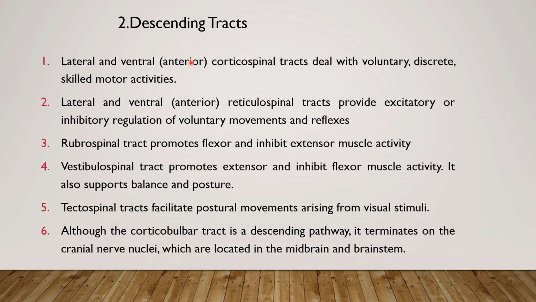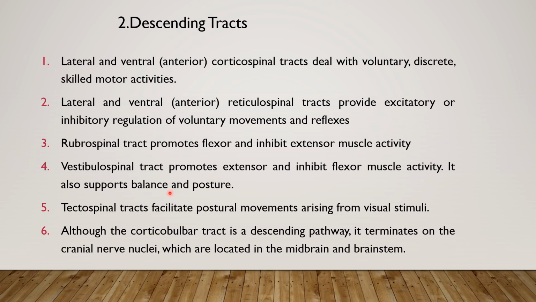Then the lateral and ventral corticospinal tracts deal with voluntary, discrete and skilled motor activity. Lateral and ventral reticulospinal tracts provide excitatory or inhibitory regulation of voluntary movements and reflexes. Rubrospinal tract promotes flexor and inhibits extensor muscle activity. Vestibulospinal tract promotes extensor and inhibits flexor muscle activity.